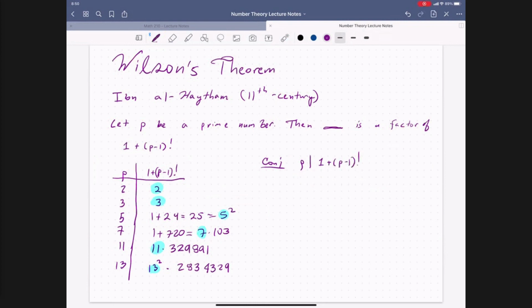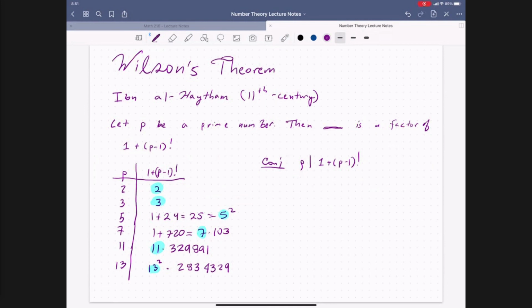Now, al-Haytham did not claim to have proven this. He just based it off numerical evidence, could not prove it, and said so. Unlike our friend Pierre de Fermat, who, had he discovered this through numerical investigation, would have probably written a marginal note saying, I have discovered a marvelous proof of this, which this margin is too small to contain.